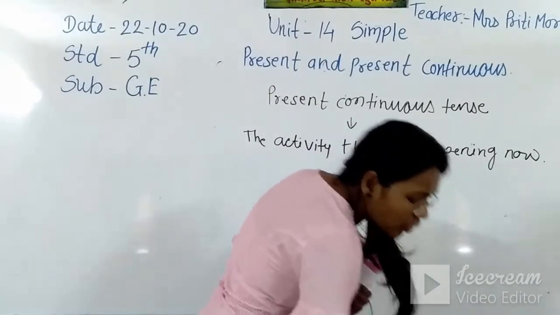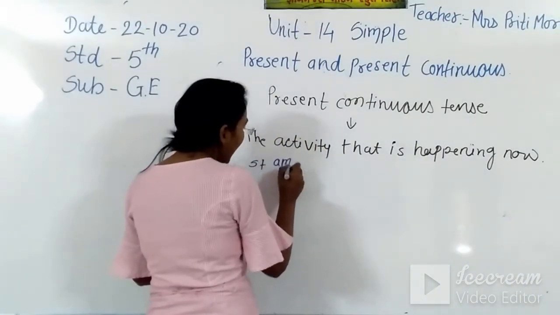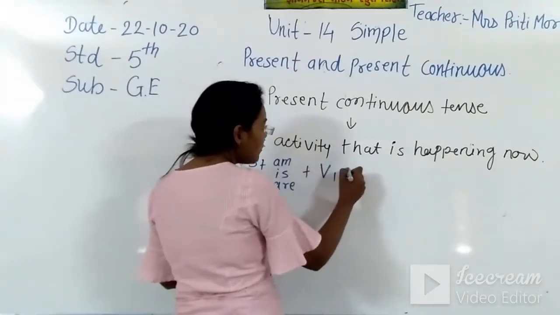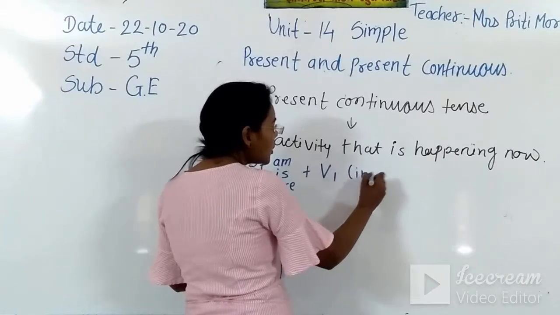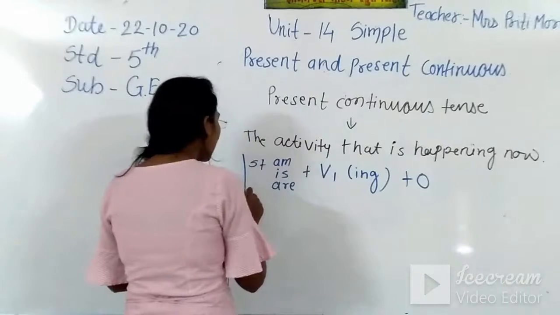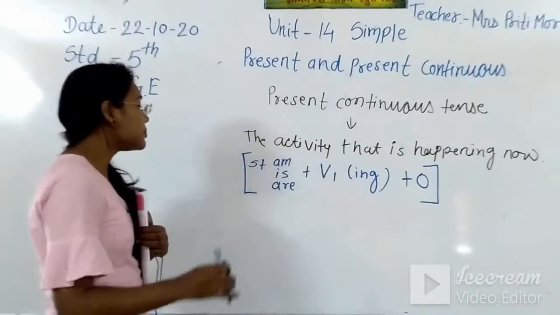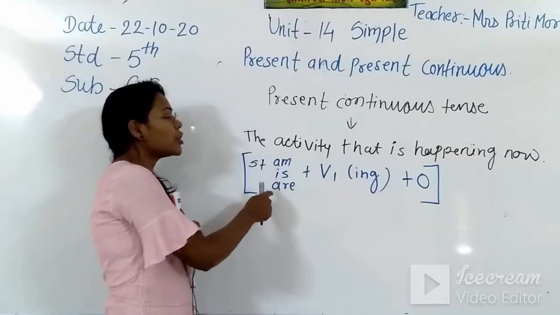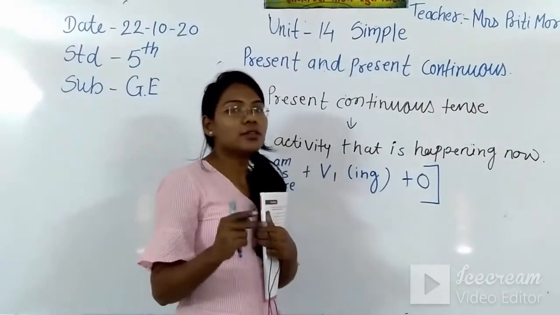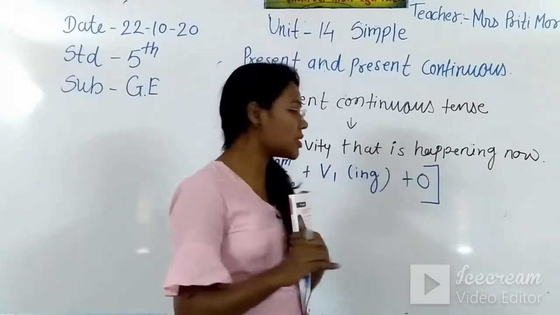And what is the formula of present continuous tense? Subject plus am, is, are according to the subject, plus V1 and we add ing to the main verb, plus object. This is the formula of present continuous tense. We use the helping verbs, the auxiliary verbs, to show the action is happening now and is going on.